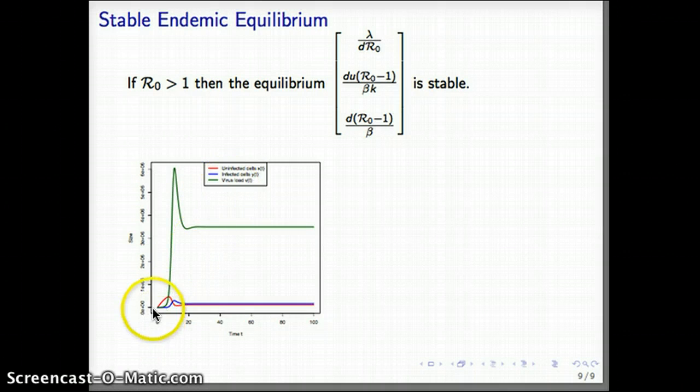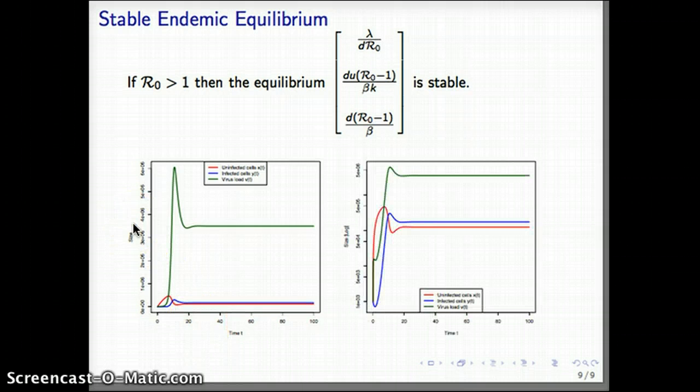Now you can see how the virus, in regular scale, the viral load rises up to a high level, and then they all settle into some positive equilibrium level. This is a plot in regular scale, and if we consider the same values now on logarithmic scale, in a semi-log plot, then we have better resolution, especially of what's going on here, right?